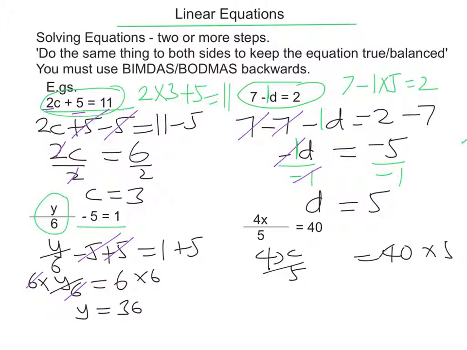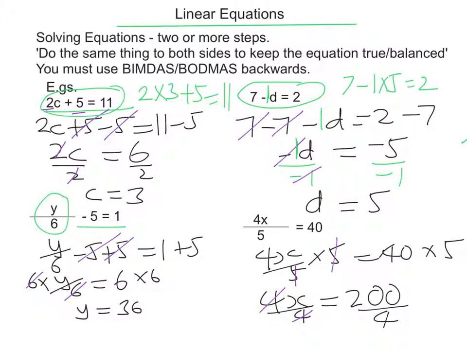Multiply both sides by 5 so that they cancel on this side. So what I'm left with is 4x equals 200. Let's divide both sides by 4, which is the opposite of multiplying. Cancel those two. So x is equal to 200 divided by 4, which is 50. If I check that, 4 times 50 divided by 5 equals 40.